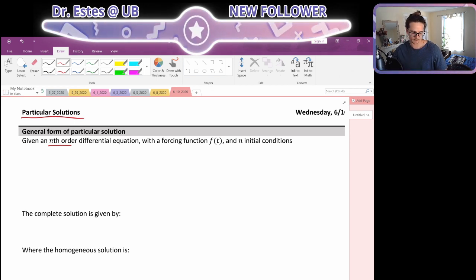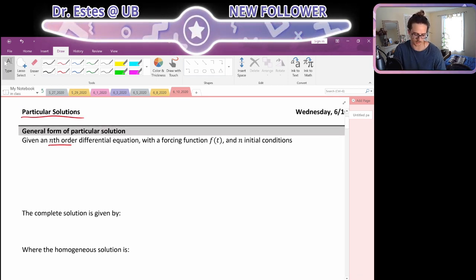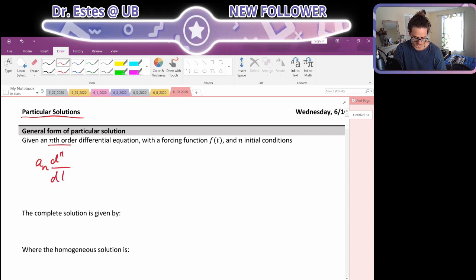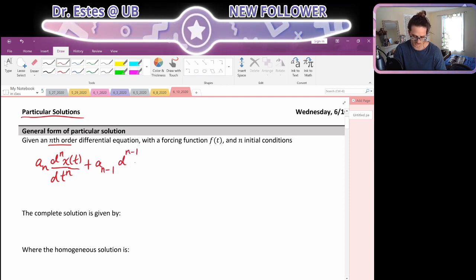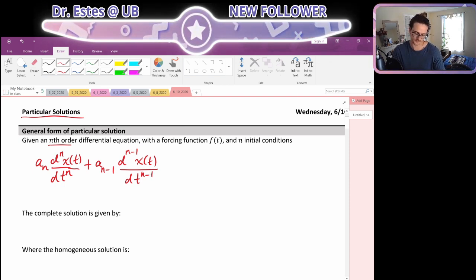So I'm going to give an nth order differential equation, just like a general form. So d^n/dt^n, we have an nth order derivative. And this equation is just supposed to represent a catch-all for a linear nth order equation we might encounter.